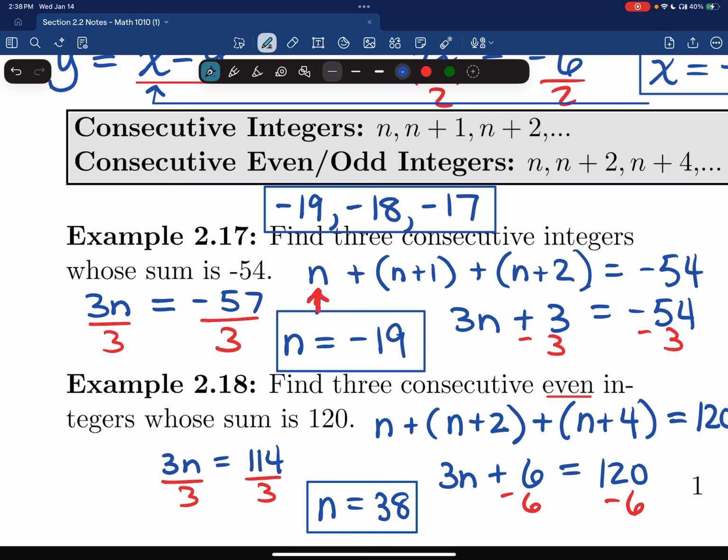Well, what were the 3 consecutive even integers then, if the starting point was 38? Well, I'd have 38 as the first integer, and then I add 2 to get 40, and then I add 2 more to get 42. These are the consecutive even integers in question.